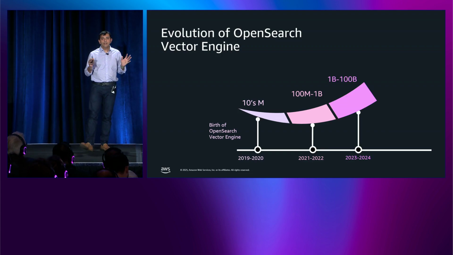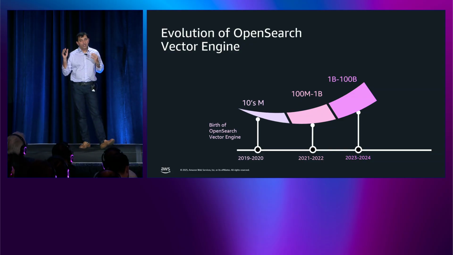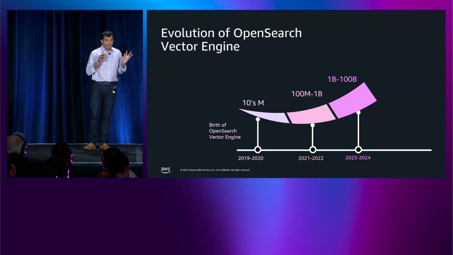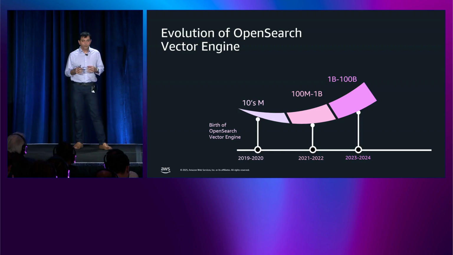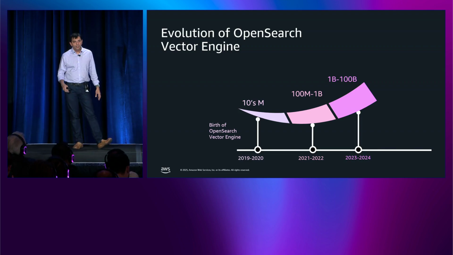Then in 2023, 24, as Gen AI became really popular, we started seeing a lot of use cases for larger workloads, and OpenSearch was now supporting up to 100 billion vectors. Amazon's fraud detection system, for example, uses OpenSearch for up to 70 billion vectors. So it's a pretty large use case where OpenSearch scales really well.